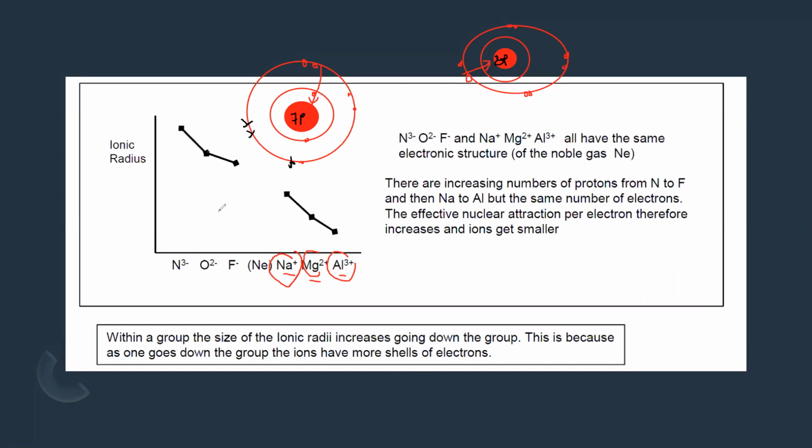Look what happened here when you compare nitrogen with oxygen. Nitrogen has 7 protons. Oxygen has 8 protons. So 8 protons are attracting 8 electrons in the second shell. 7 protons are attracting 8 electrons in the outermost shell. So each electron will experience a weak force.